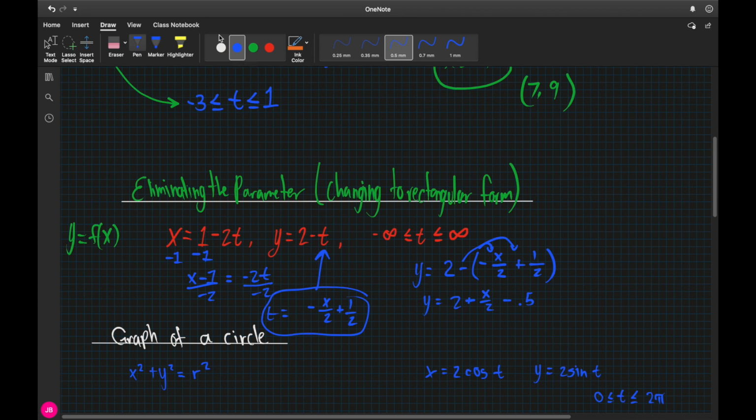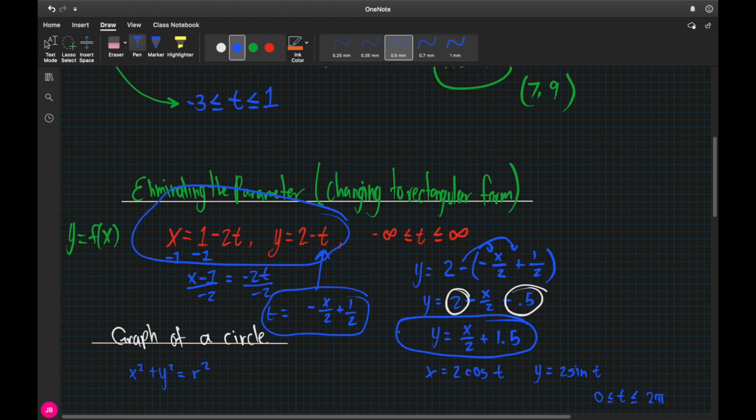And when we combine our like terms of 2 and negative 0.5, we end up with y is equal to x over 2 plus 1.5. And so now we have a linear function that is the same as this parametric equation.